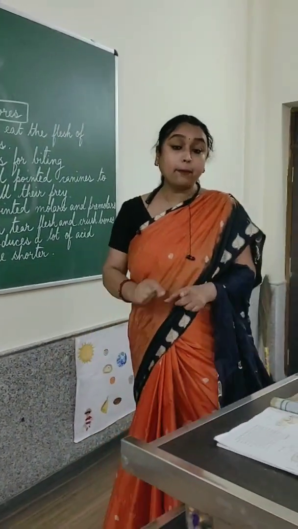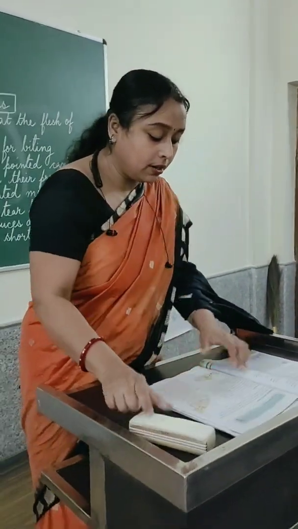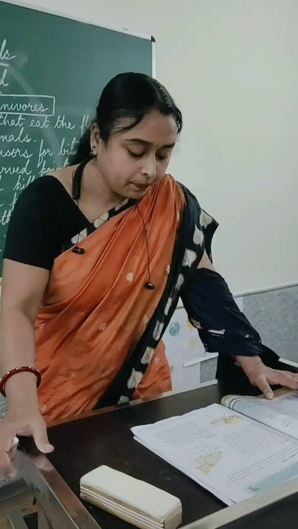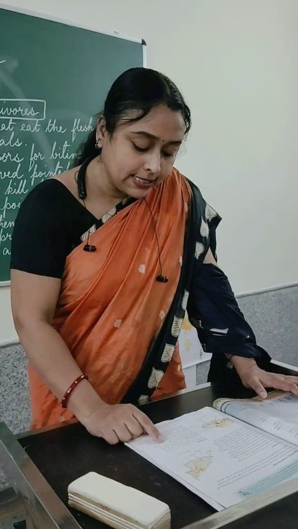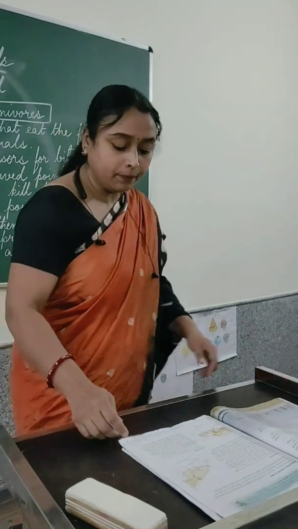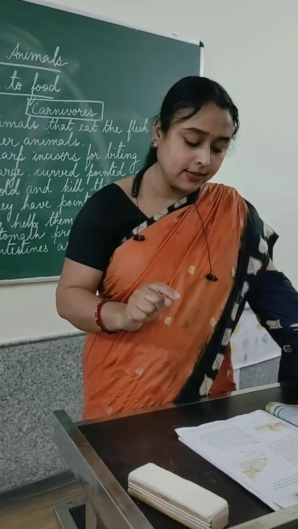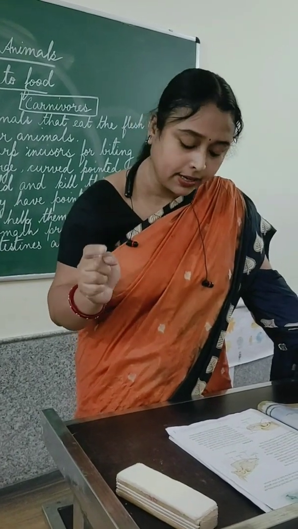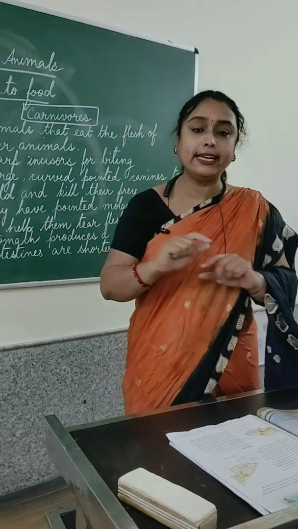Now children, I am reading out the lines related to carnivores. Carnivores are animals that eat the flesh of other animals, as I have told you earlier. They have sharp incisors for biting and large curved pointed canines to hold and kill their prey.